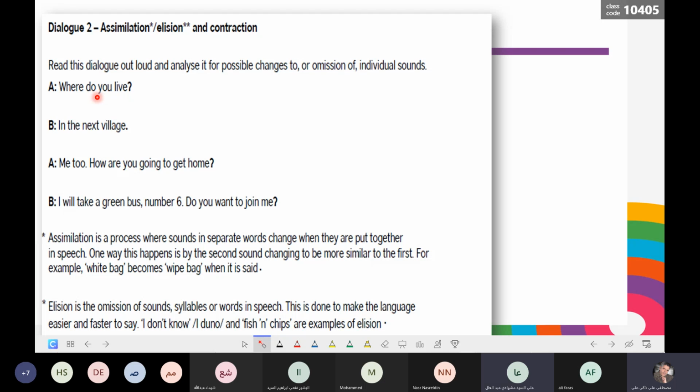Here we omit the u sound, and when we have the y sound followed by the sound, we can have a new sound, which is "ja". So we can say "where ja live".